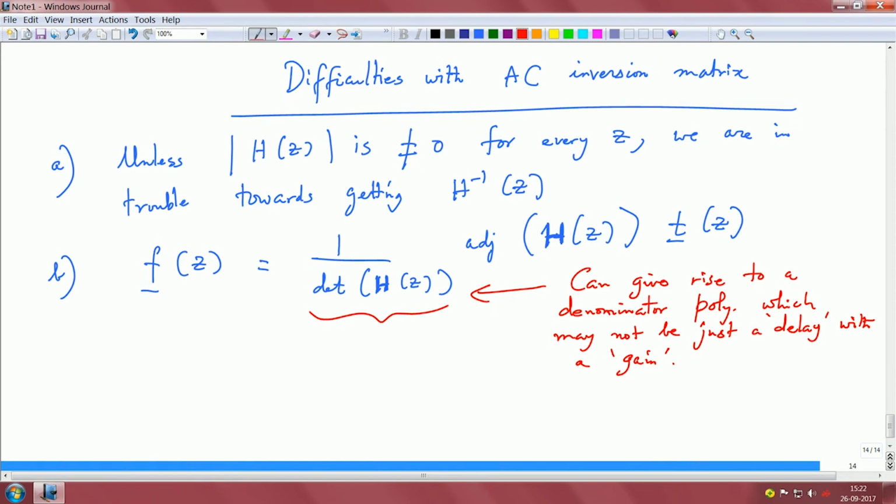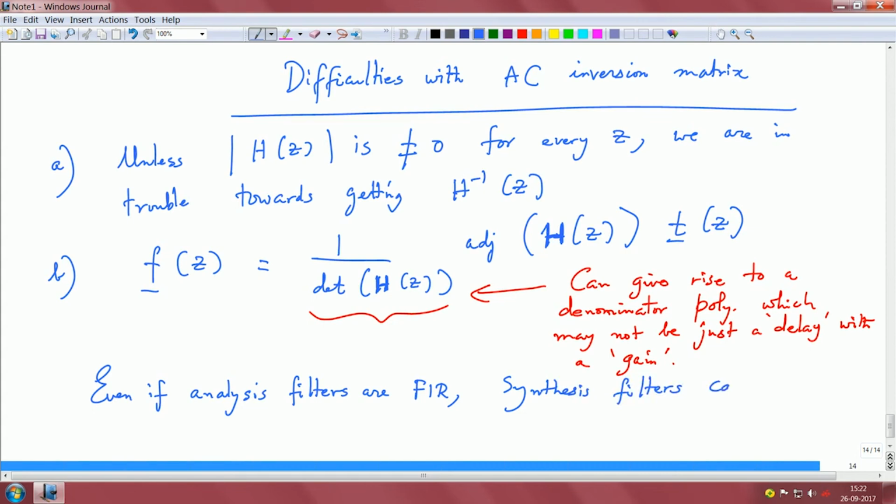So, therefore, even if analysis filters are FIR, synthesis filters can be IIR, right, and now we know the trouble with IIR filters.